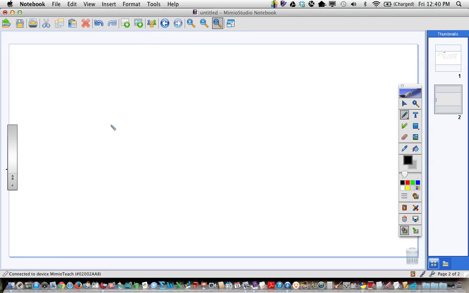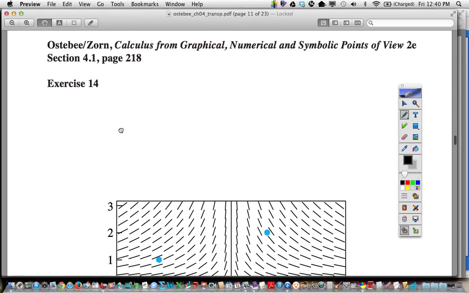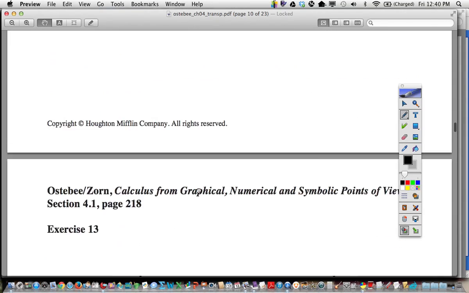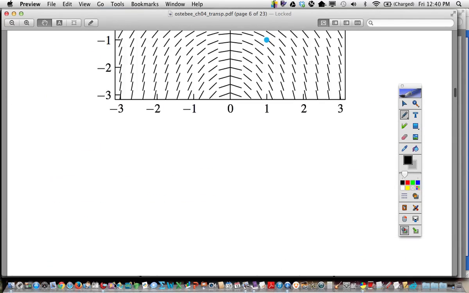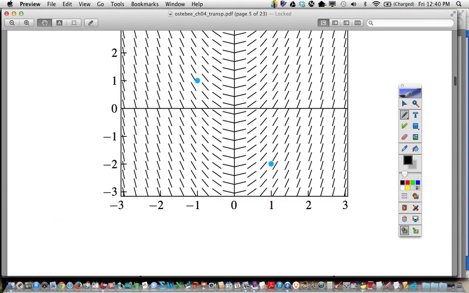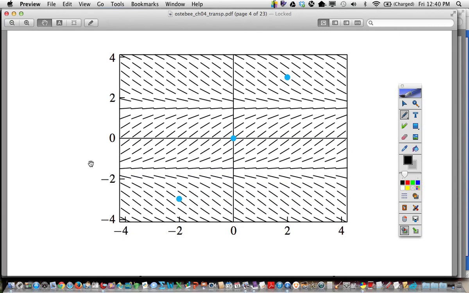So let's do the matching problems first. If we look at number 7, we talked yesterday about how one thing that would be helpful is to look at a slope field and tell if the differential equation would have just a y in it, or just an x, or both.